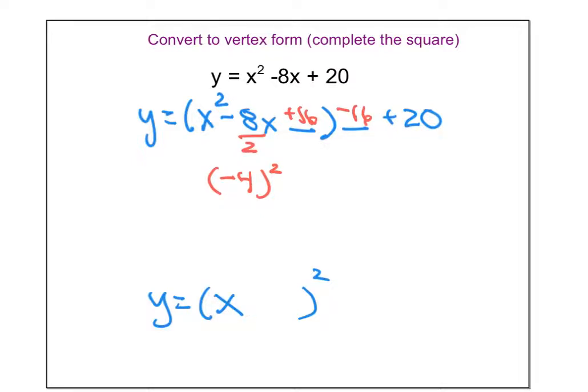So now to take this perfect square trinomial and make it into this binomial, I'm going to use this value right here. The quantity of x minus 4 squared is the same thing as x squared minus 8x plus 16. And then I'm going to finish this off. Negative 16 plus 20 is a positive 4.